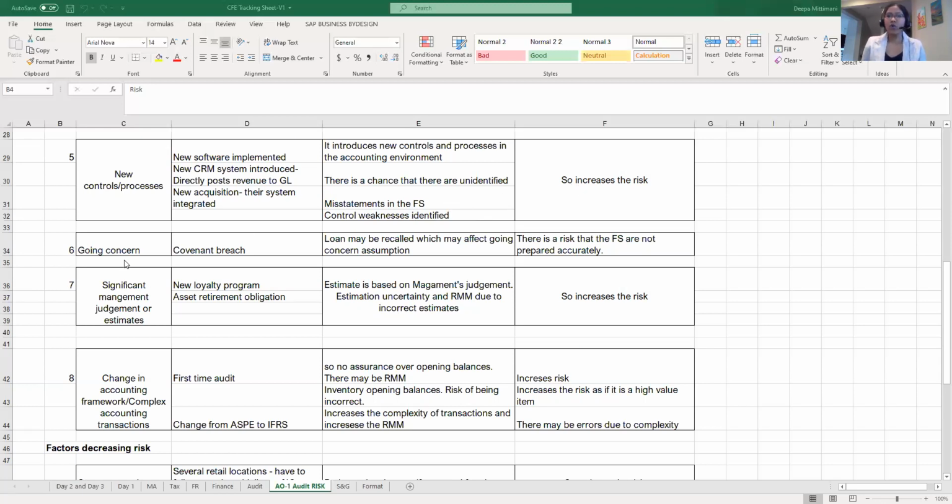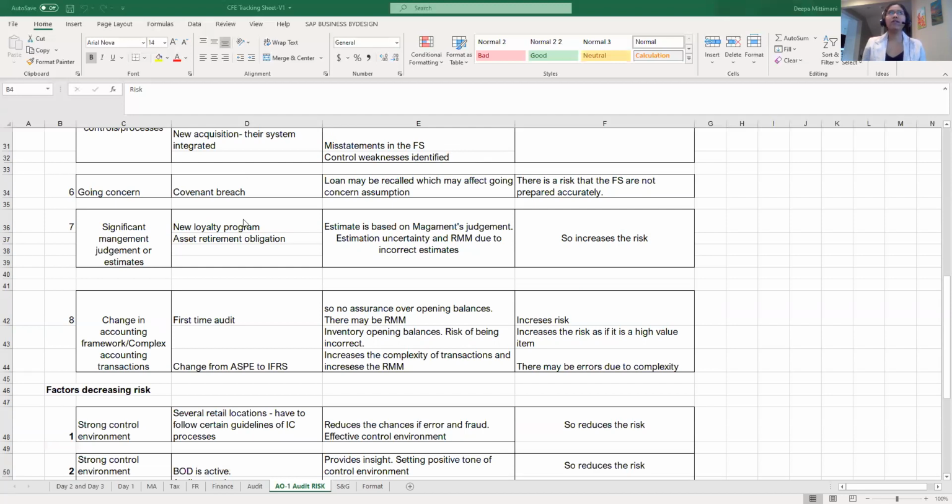Next big one is going concern. So it's not every time there is a covenant breach, so you will have to again look for the case facts. But sometimes with the covenant, you are given the covenant calculation, and in the calculation if you find out that your covenant is offside on one element or something like that, then there is a risk that the loan would be recalled by the bank, and if it's a large amount that the company cannot pay, it may affect the going concern.